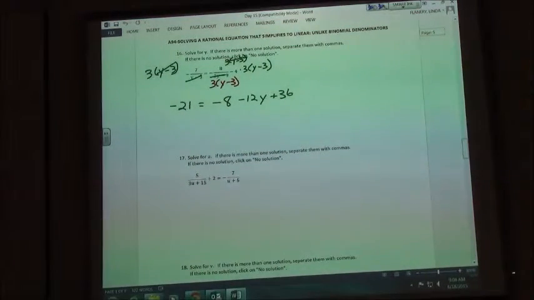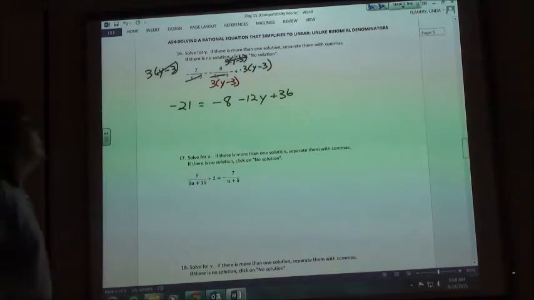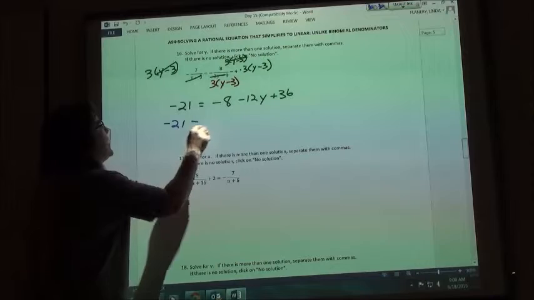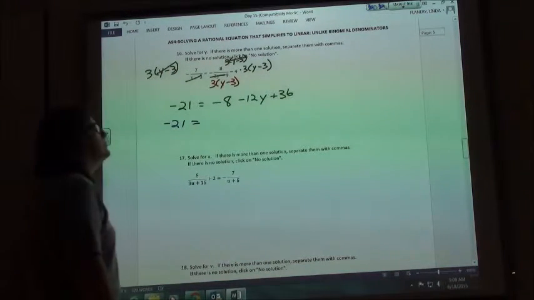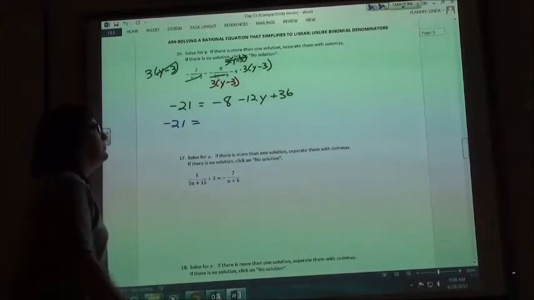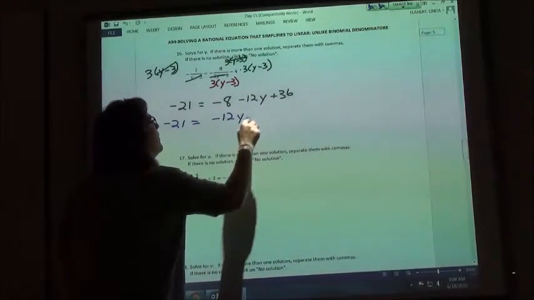So if I'm going to solve that one, what should I do? Combine like terms. So negative 21 is going to equal, and on the right side I'm going to get negative 12y plus 28.